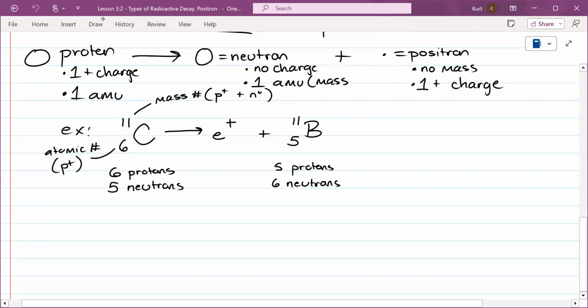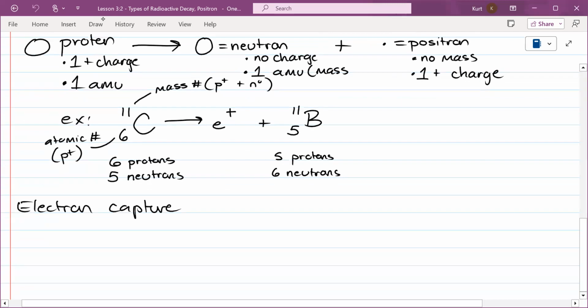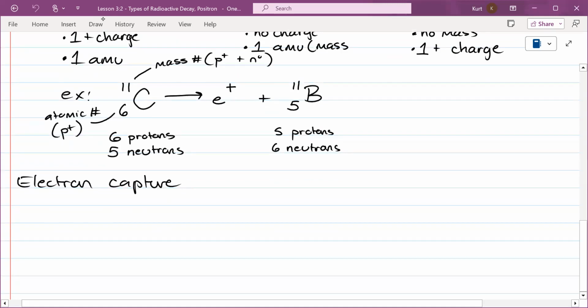Okay, next is going to be electron capture. What is the charge of an electron? -1. So let's just, don't write this down. Just watch. If I have 81 and I add an electron, what is my new charge number? 80.